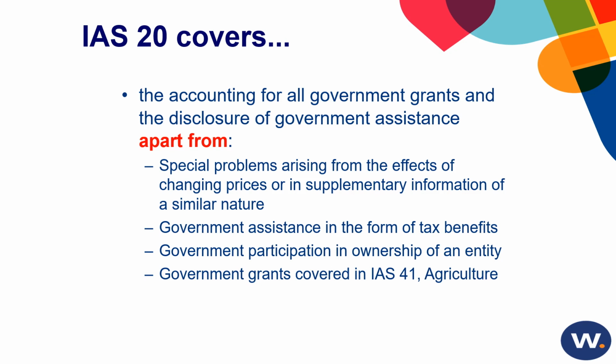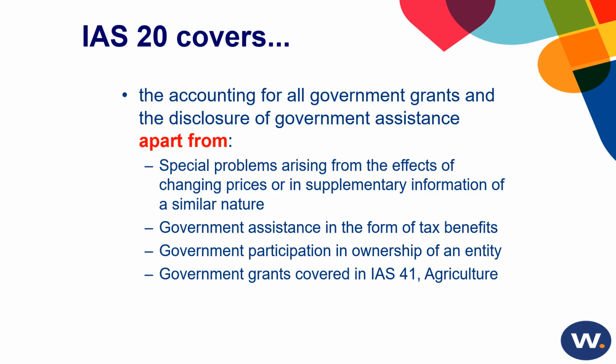Just to give a brief overview of the government grants which are included in IAS 41, as well as the requirements of that standard. Biological assets, which are measured at fair value less cost to sell, as well as those government grants received to ensure that the entity does not engage in specified agricultural activity, are within the scope of IAS 41 and not of IAS 20.